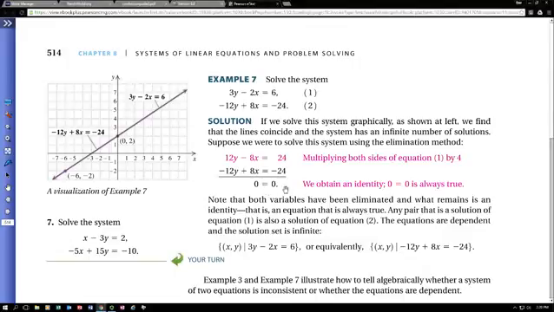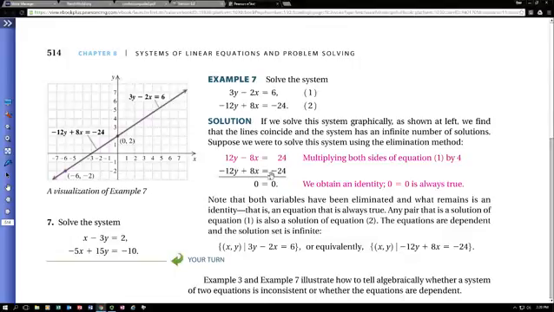We end up with 0 equals 0, which means that no matter what values you put in for y, it will work for both of these at the same time. Or what I just described is this graph right here, that they lay right over the top of each other.